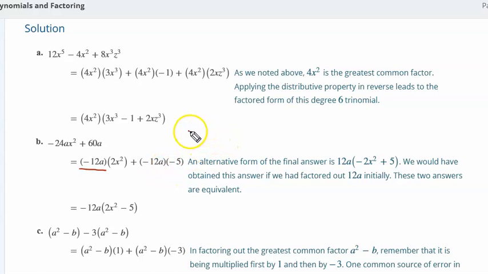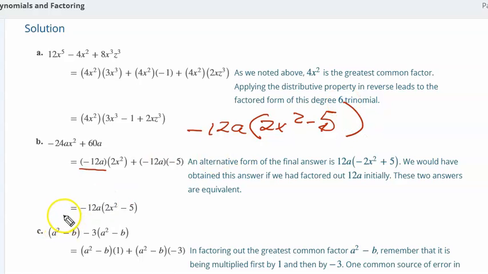So then what we're left with is a negative 12a on the outside, and then on the inside 2x squared plus, well, in this case it's just going to be a negative 5 here. Again, I could go over it in great detail, but that just lengthens what we're doing, and these tend to be a little long, and I want to try to keep them short if I can.